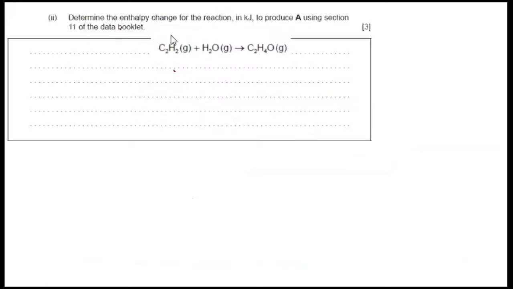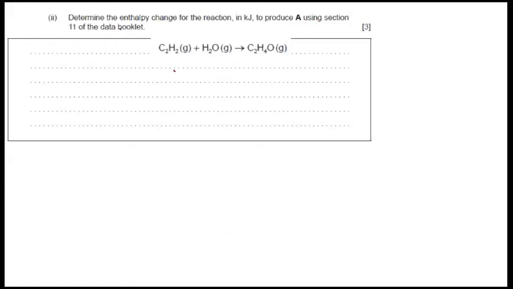The reactant is ethyne, then water is there, and compound A is the product. In order to calculate the enthalpy change, we will expand and write the reactants as well as products so that the calculation becomes easy.